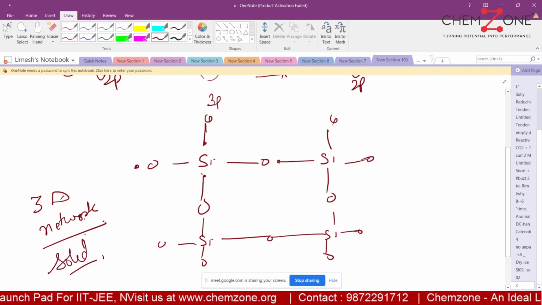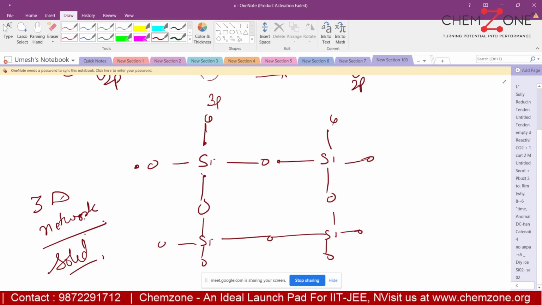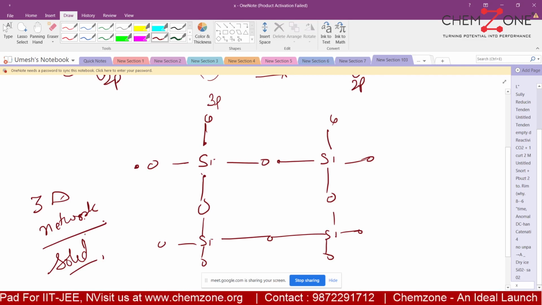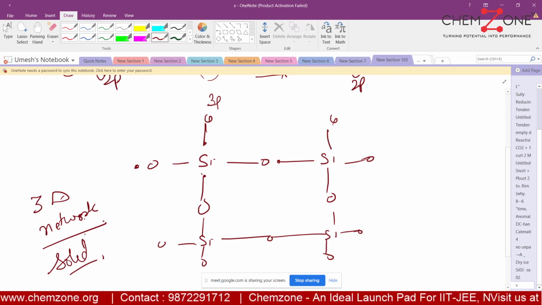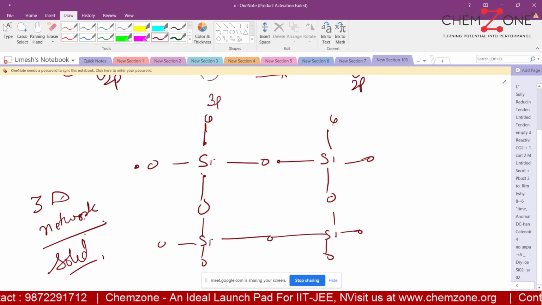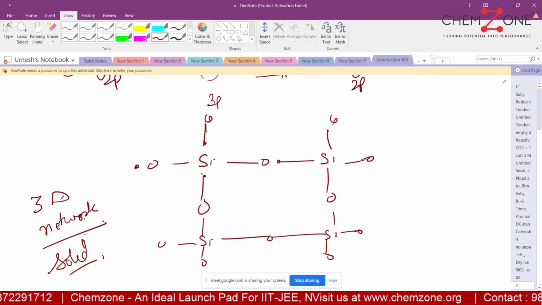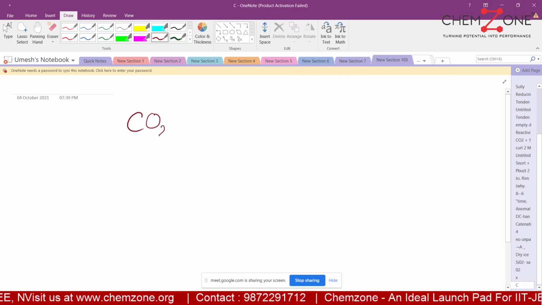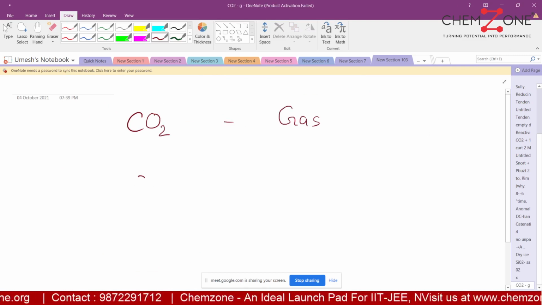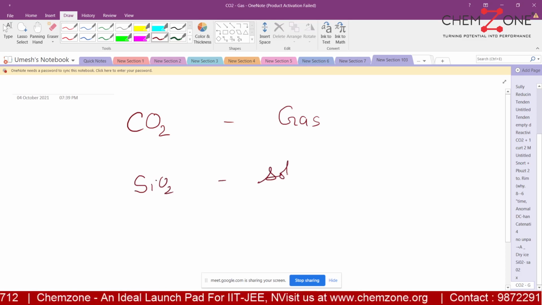Understood? So that is why carbon dioxide is a gas at room temperature, but silicon dioxide is solid at room temperature.